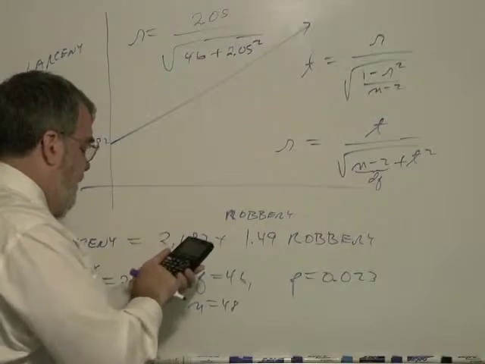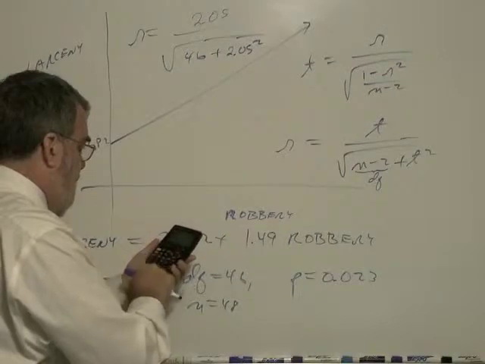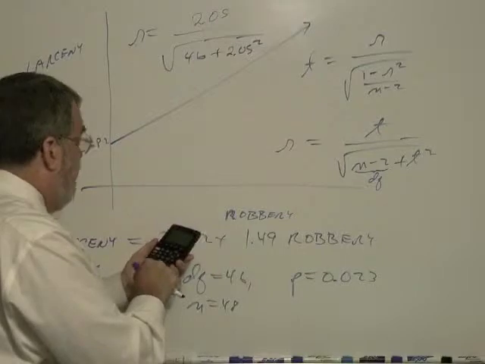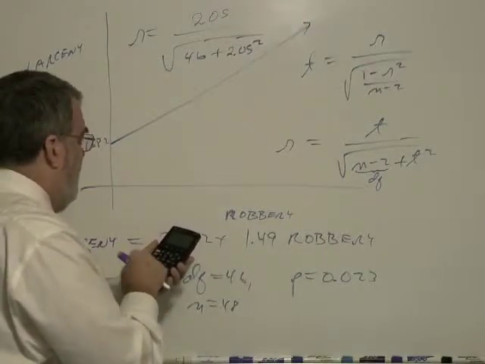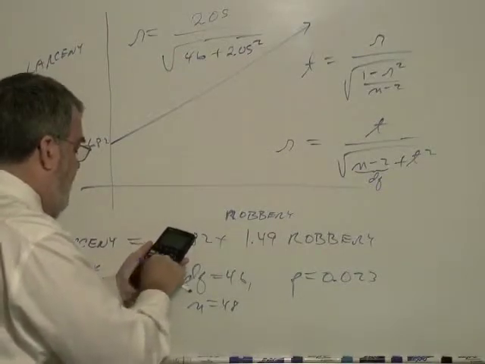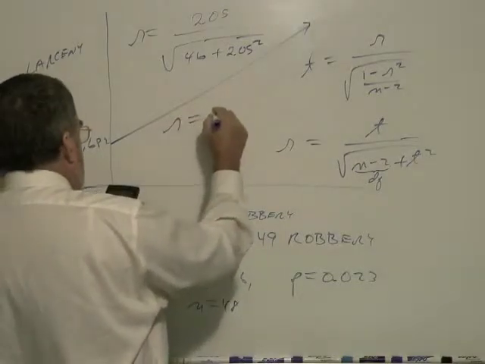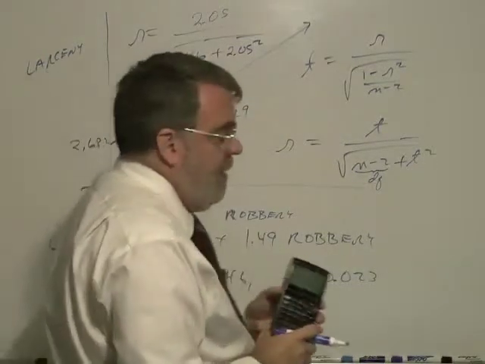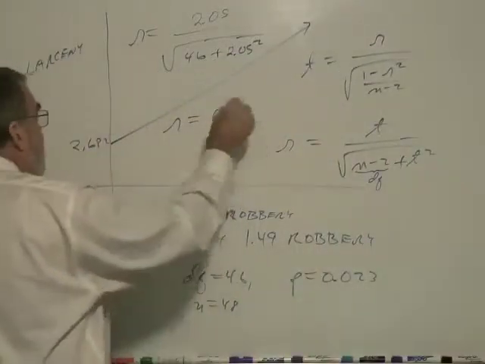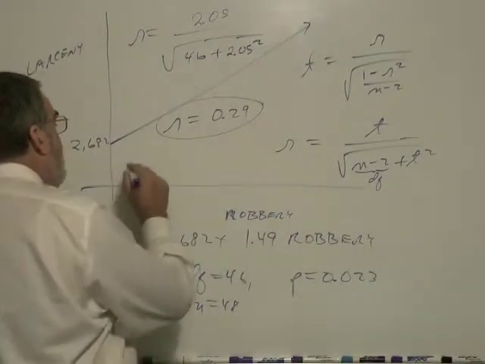So 46 plus 2.05 squared, hit equal, and I'll take the square root, and I'll take 2.05 and divide it by that answer. And I get r equals 0.29.